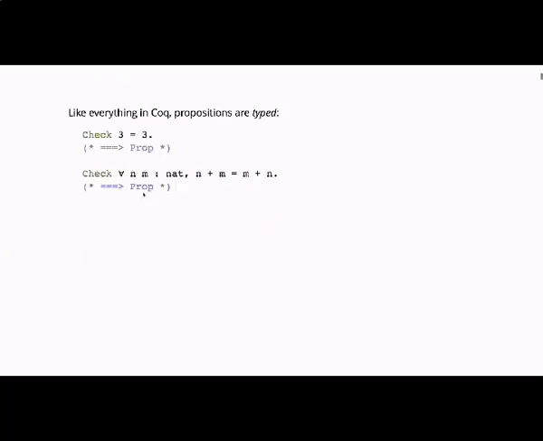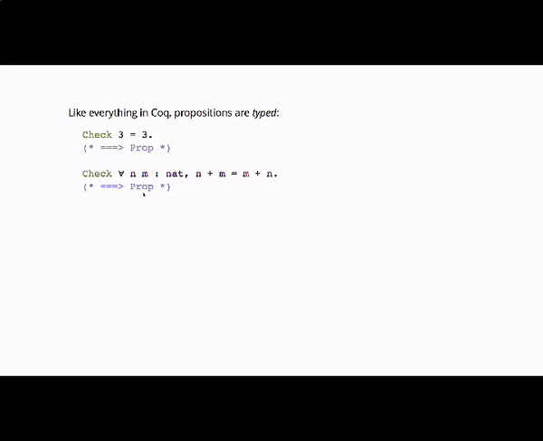Okay, so the first thing to recognize is that in Coq, of course, everything is typed, so propositions are typed. What is the type of propositions? It's called Prop, surprisingly. So the expression 3 equals 3 is well typed, and its type is Prop.